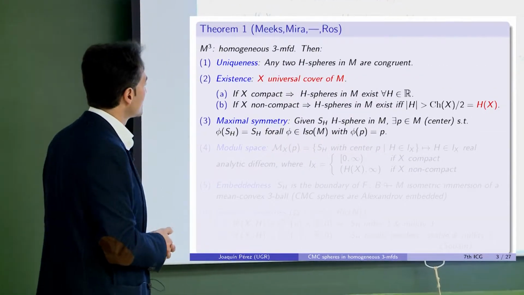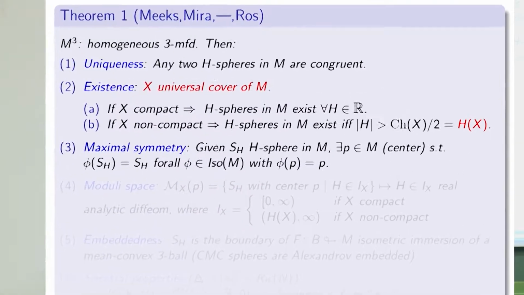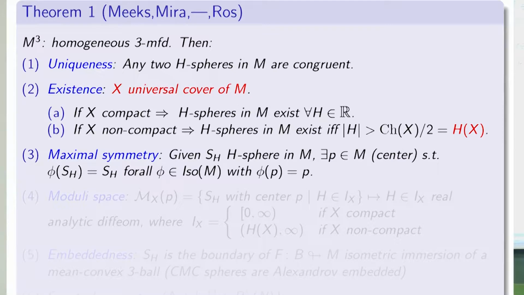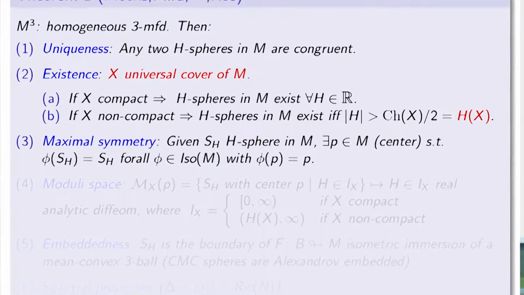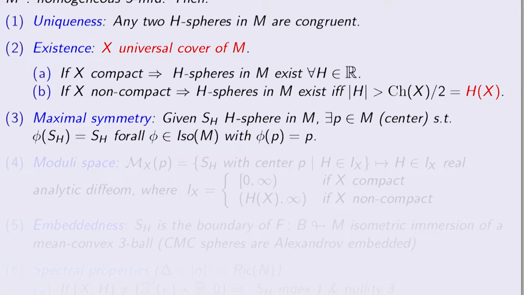Okay? So now about symmetries. Spheres in R3 are round. Okay? So what can I say in a homogeneous three-manifold? Well, if you give me an H sphere, a sphere of constant mean curvature H, okay, then there exists a point that I'm going to call the center of symmetry of that. The sphere is not going to be, say, the boundary of a Riemannian ball. It's not true in general.